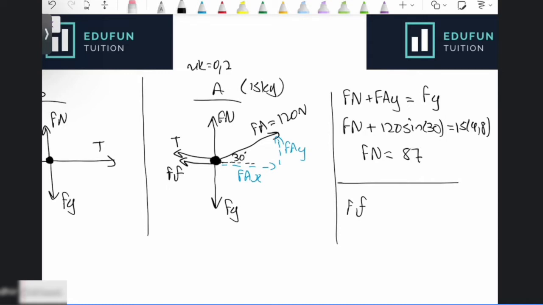And that's 87. And force of friction is equal to mu k times the normal, that's 0.2 times the 87. And 17.4 exactly, guys. So there's our friction, 17.4. Not the worst thing in the world.